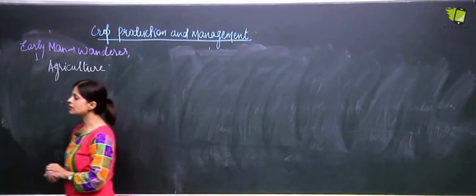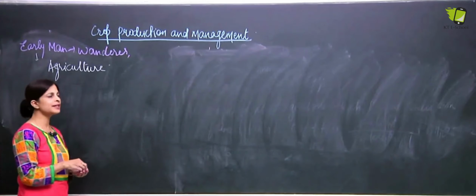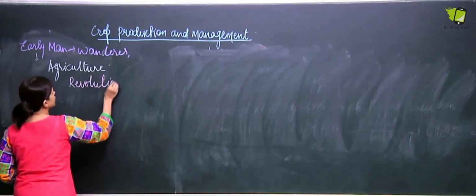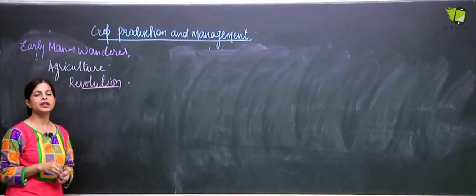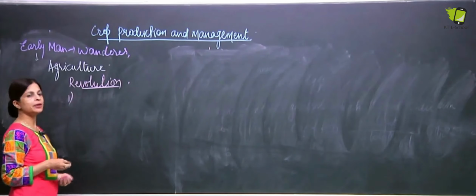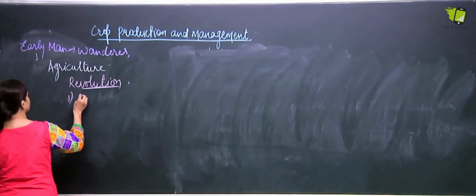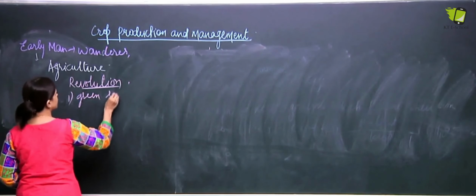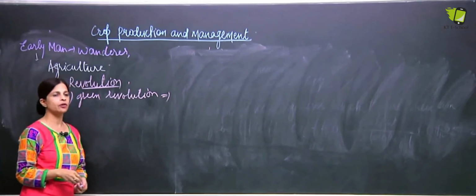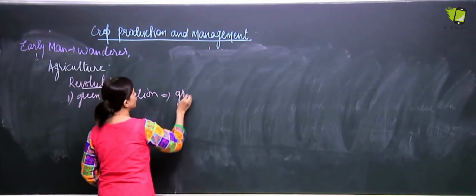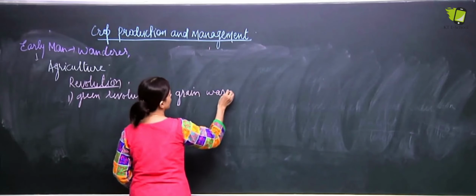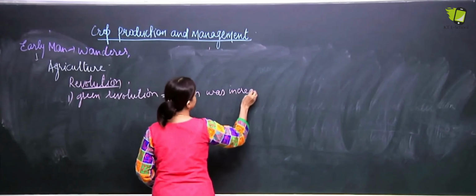So scientists keep on doing research, trying to bring some revolution in the field of agriculture. For example, first can be the green revolution. What's the meaning of green revolution? The food grain production was increased.